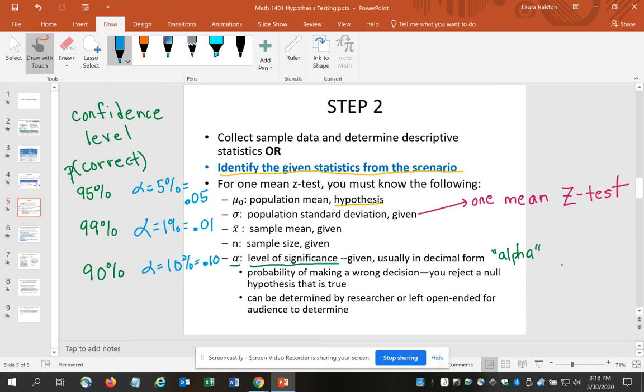Or they can leave it open-ended, and then you as the audience can decide whether or not the results are significant enough, and decide if your hypothesis is good or bad. Okay, so all of that's given in your scenario. You're simply going to identify them, okay? And you may want to make a list of those and write them down as you're going through this scenario.